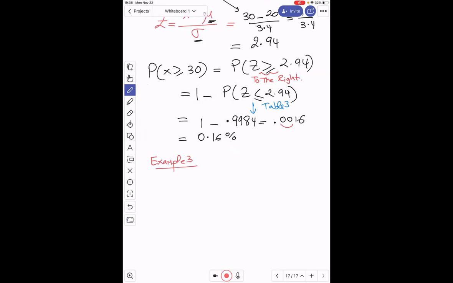Again, I'm going to just take an example from the textbook. So let's say the probability that x is between 8 and 12, and the mean is 15, and sigma is 3.2.